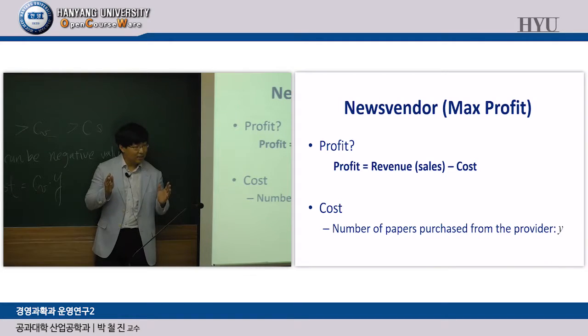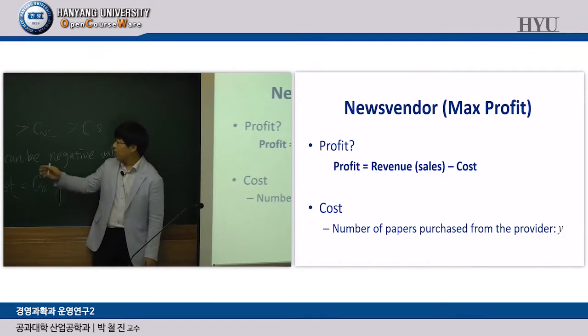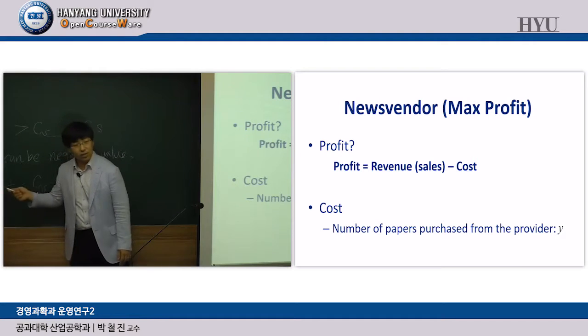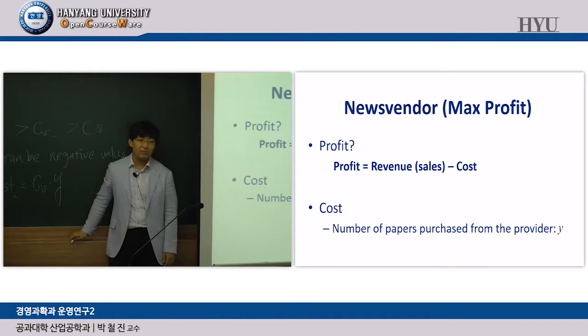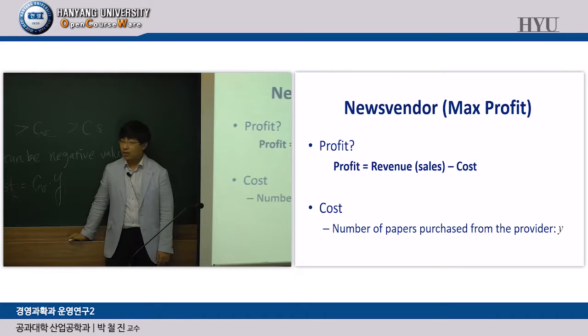But for now, we consider this value is a positive value. That means this one, C sub V times Y, is the only cost in this problem structure.